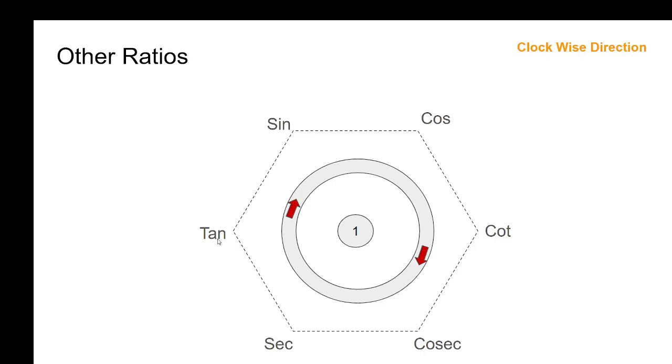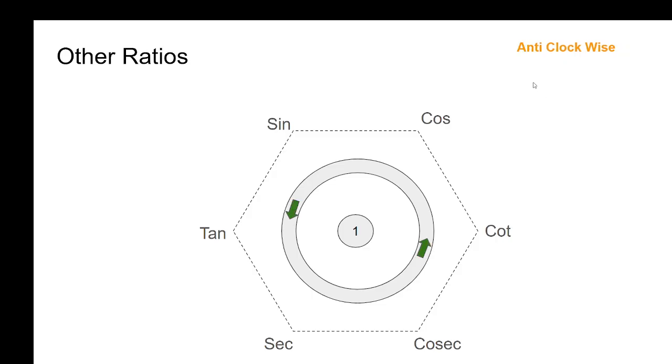When you start from any ratio, let's take an example of tan, you navigate in the clockwise direction and you will get the relationship between the functions. So tan theta is equal to sin theta divided by cos theta. Similarly, you start from sin theta, sin theta is equal to cos theta divided by cot theta. So you take the next two neighbors to get the ratio.